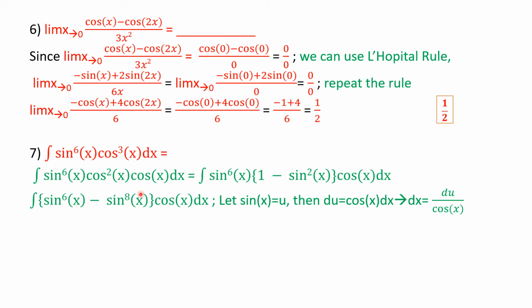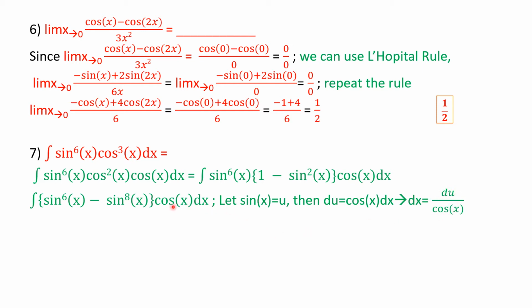And then cosine x dx, which is outside these brackets. Now we can use sine x equal to u, then du will be equal to cosine x dx. This implies dx equal to du divided by cosine x.